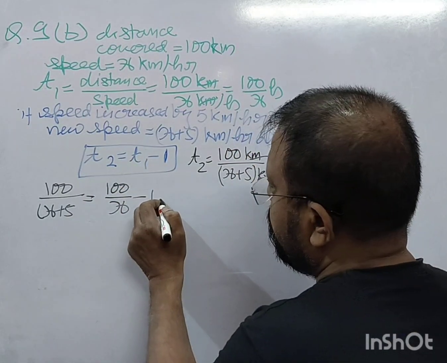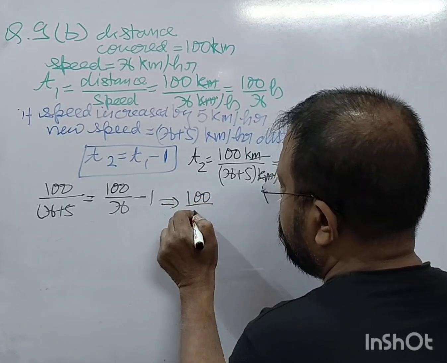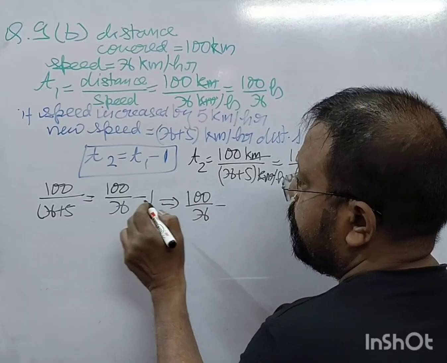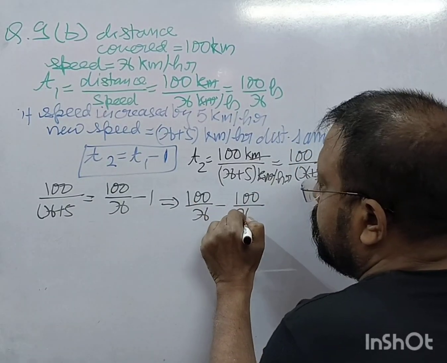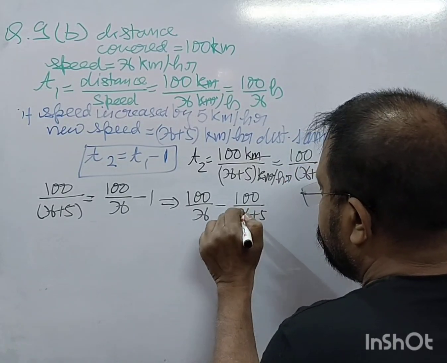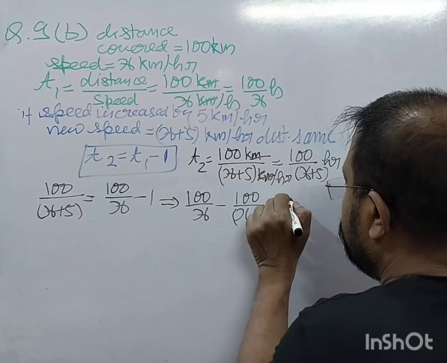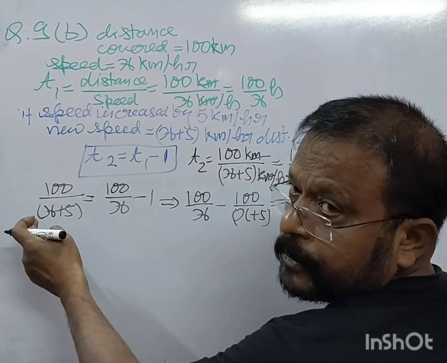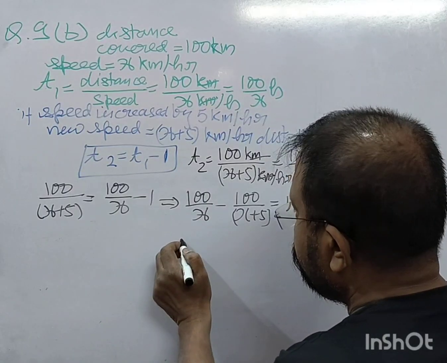So you can write it like this: 100 upon x minus 100 upon x plus 5 is equal to 1.